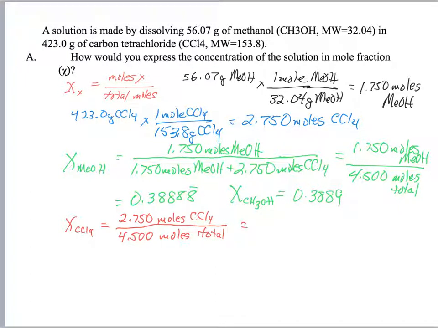And so we can find out then that that is 0.61111. Again, that's repeating. And so to 4 significant figures, the mole fraction of carbon tetrachloride is 0.6111.